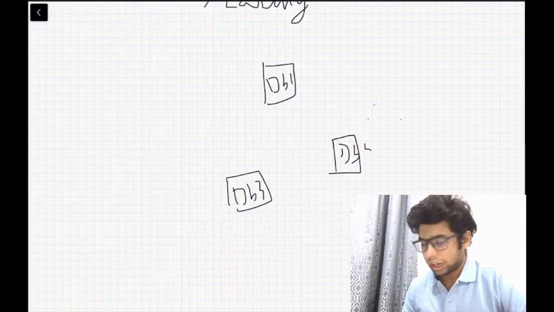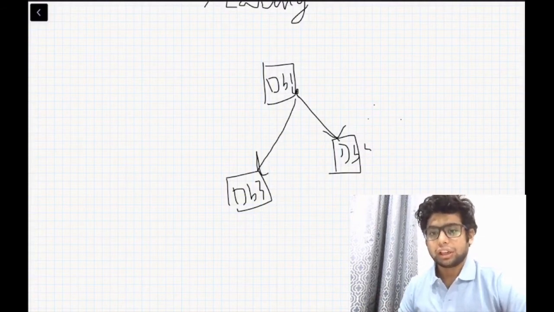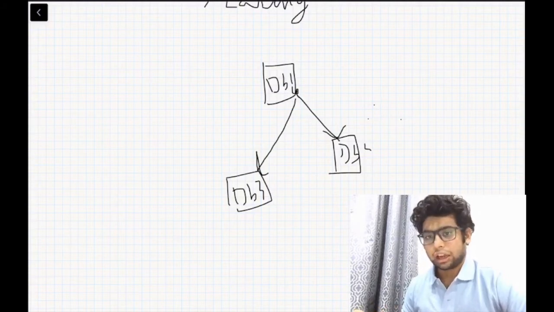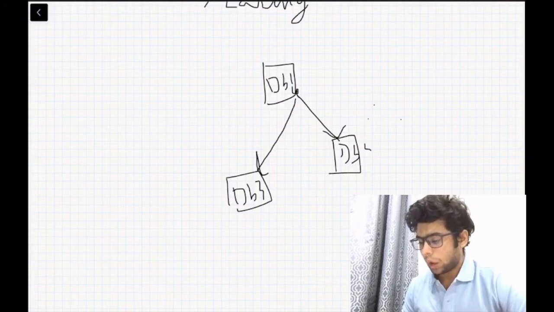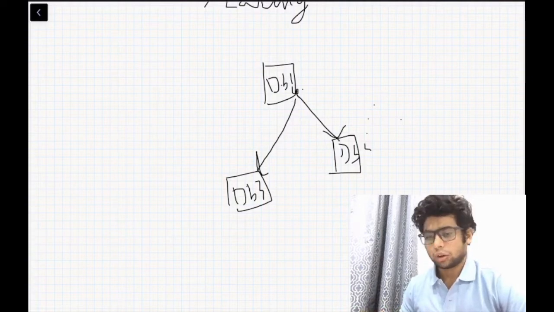Whatever DB1 has, that state should be consistent with DB2, and that state should also be consistent with DB3. So when I say replication, replication is just a process of copying data from DB1 to DB2 and DB1 to DB3. That is, the data should be consistent in our whole system.